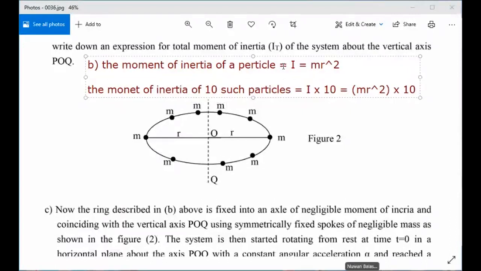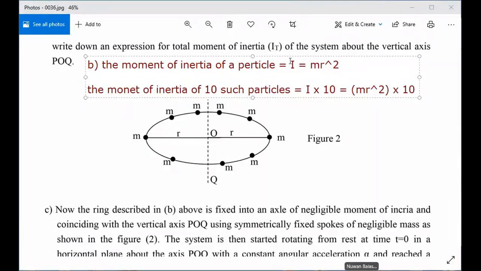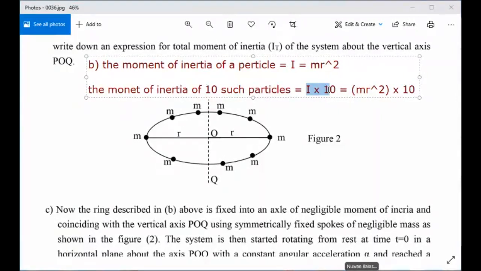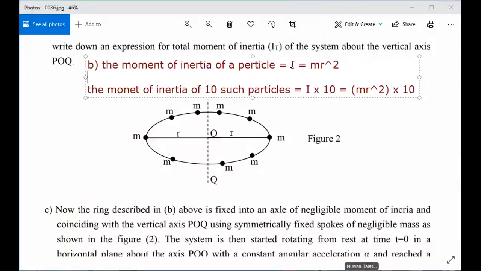We have given everything. The moment of inertia of a particle is I. Therefore, the moment of inertia of 10 particles is 10I. But when a single particle is moving along a circular path, the moment of inertia is mr square. Therefore, the moment of inertia of such 10 particles is mr square into 10. Write the answer like this, dear.